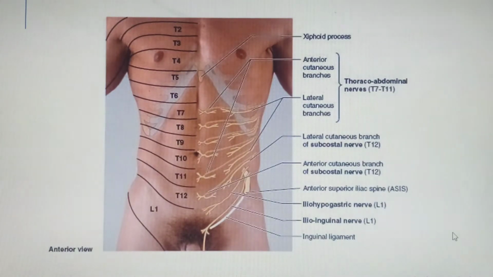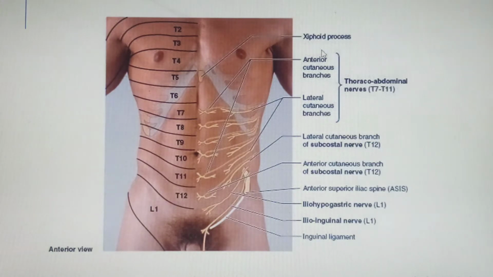Now, I've already been talking about the nerves of the anterolateral abdominal wall. Yes, being actually nerves which will be coming from the intercostal spaces. Okay, and therefore they are the intercostal nerves. But because they are going to work from the thorax to the abdomen, we also call them the thoraco-abdominal nerves.